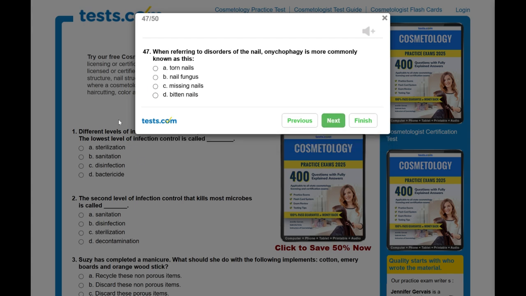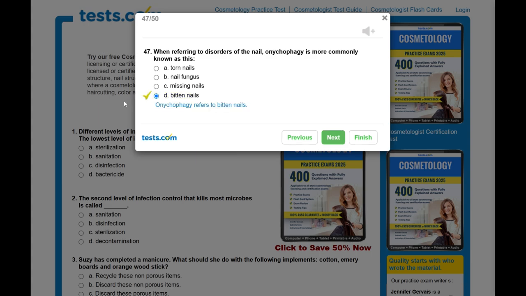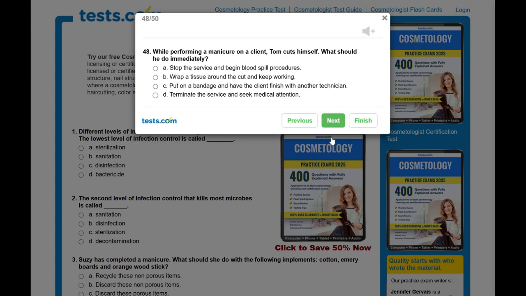Question 47. When referring to disorders of the nail, onychophagy is more commonly known as this: A. Torn nails. B. Nail fungus. C. Missing nails. D. Bitten nails. D. Bitten nails. Onychophagy refers to bitten nails.